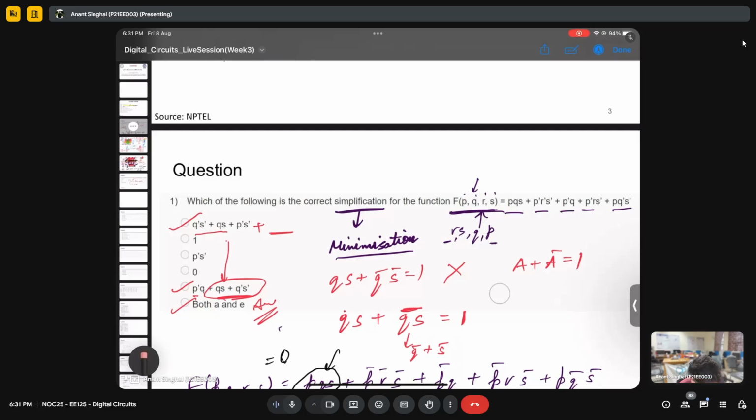Here, if your A is, let's say, Q S, then Q S should be completely complemented, and that is actually Q bar plus S bar. Hence this is not 1. These are two different expressions because we have Q bar and then S bar. It is not like Q S whole complement. You understand this? Yes, sir. Thank you, sir.